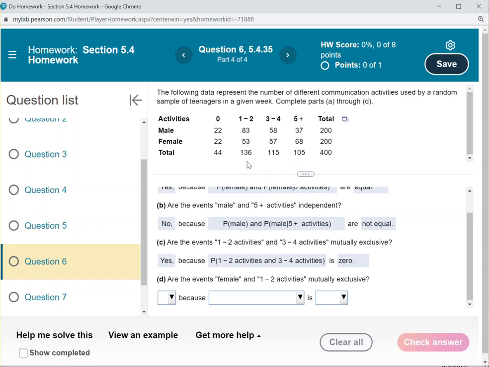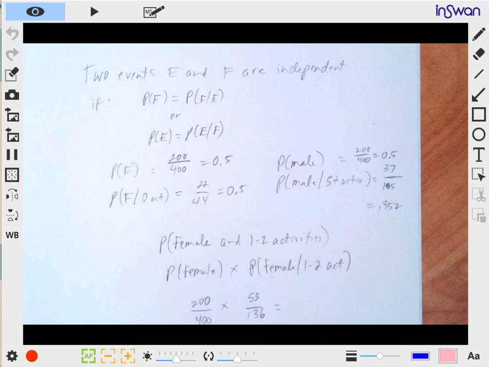So here 1 to 2 activities, that's 136. That's going to be our denominator since we're restricting ourselves to the ones that are doing 1 to 2 activities, and the ones that are female are 53. So I'll go ahead and switch back so you can see.